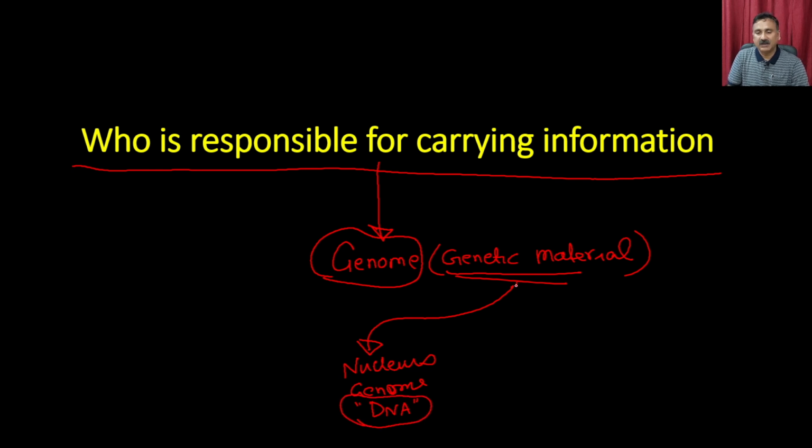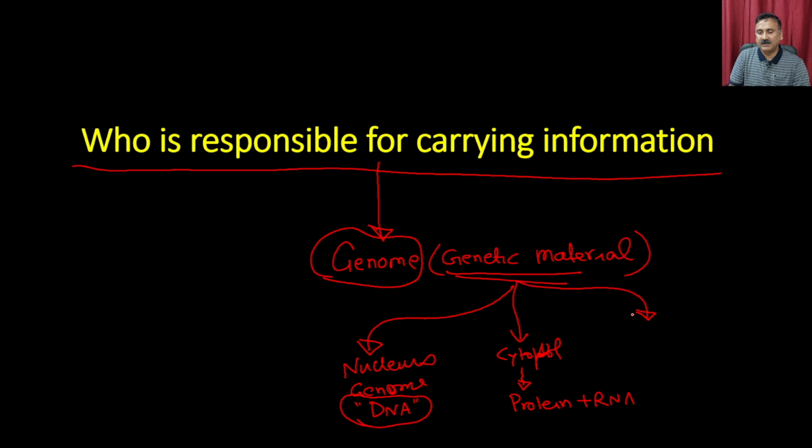The second possibility is the cytosol, which mainly contains protein plus RNA, right? So RNA is also present in the cytosol.